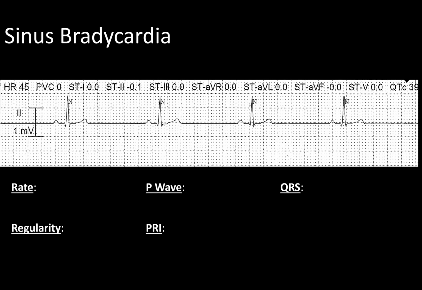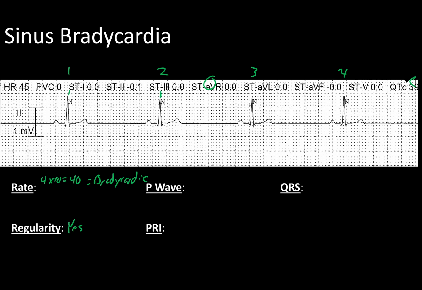So sinus bradycardia. Well, let's start with our rate. I've got that and that, so I can do 1. So if I want to be really quick about it, now we are regular, so I can actually count the number of boxes if I would like to, from here all the way to over here.